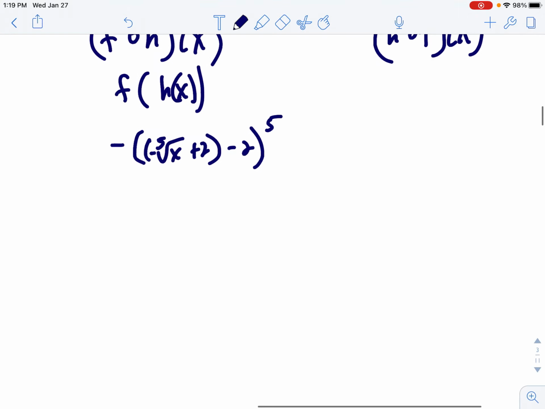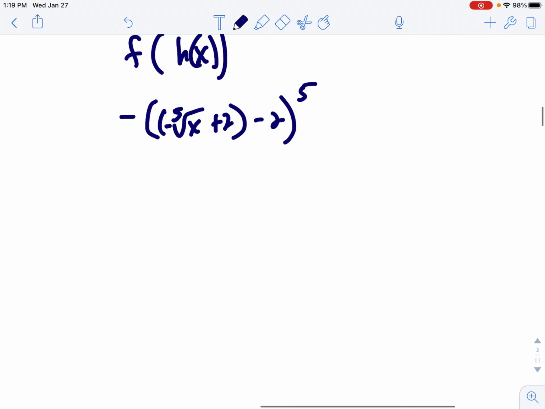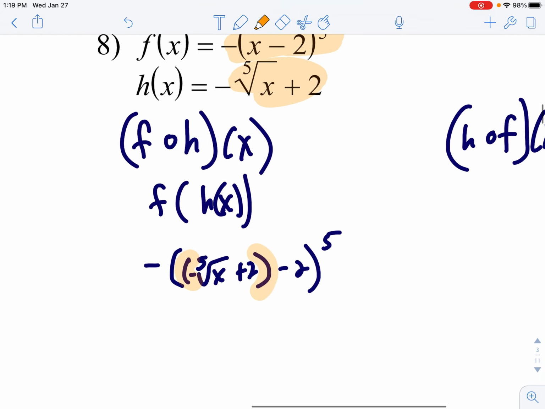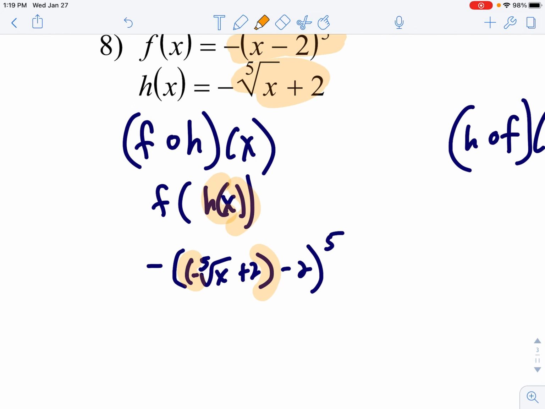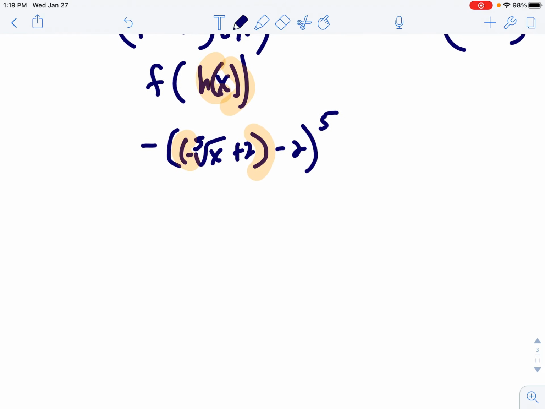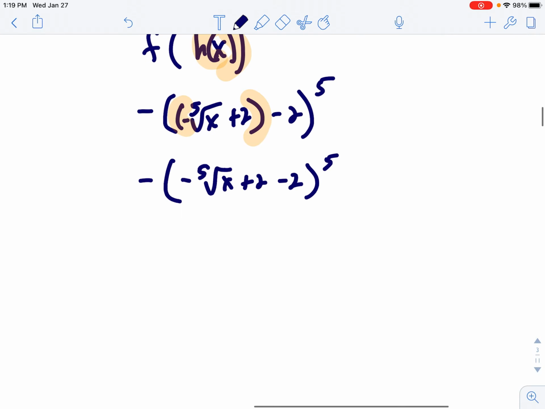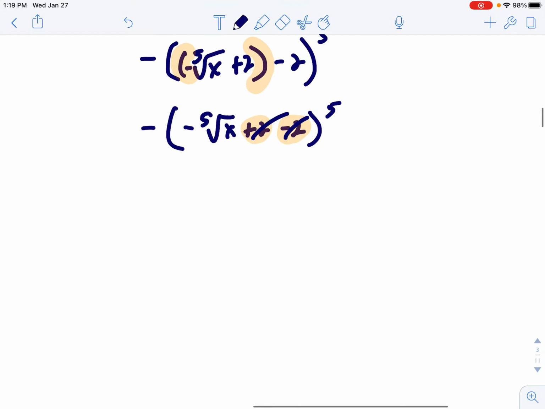Okay, hopefully that's better. All right, so what do we have here? Well, first of all, this set of parentheses don't really do anything. They're just showing me where to plug something in. So my first step, I can just drop those parentheses. My second step, I have plus 2 minus 2. Plus 2 minus 2 cancel each other out.